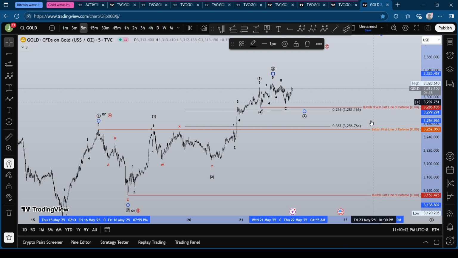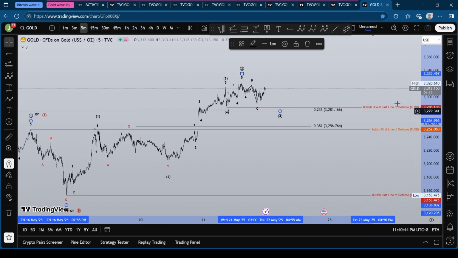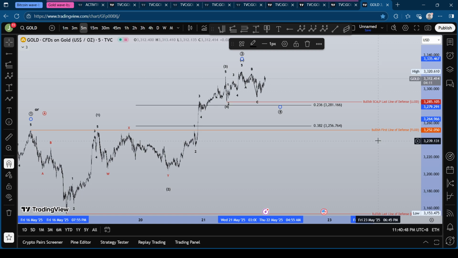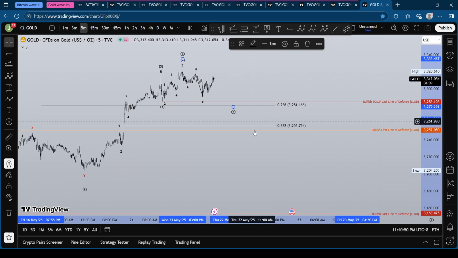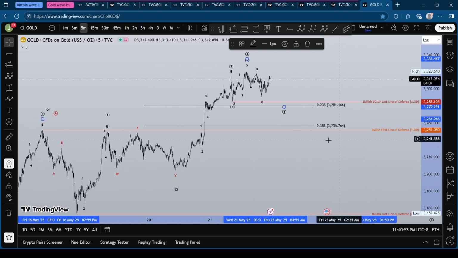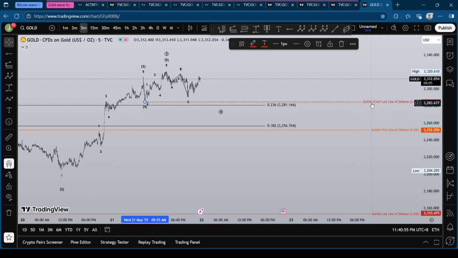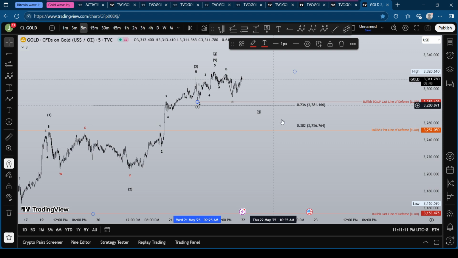There are two levels of defenses that must be broken for it to be considered a diagonal. First is confirmation of a retracement for wave 4, and then once this gets broken, there will be an MSS or market structure shift, and then it will continue to go down.